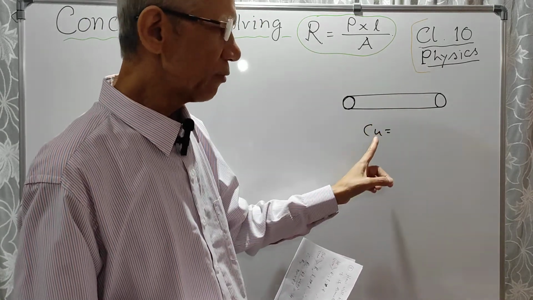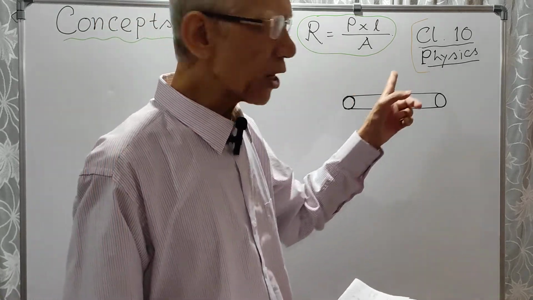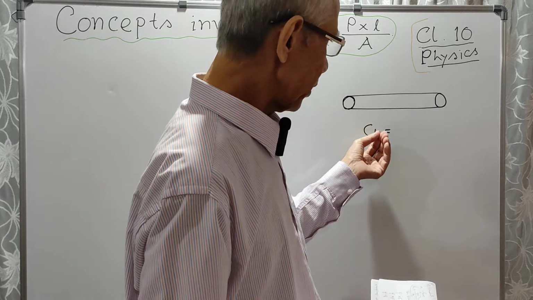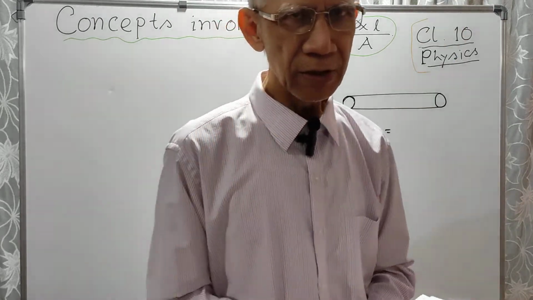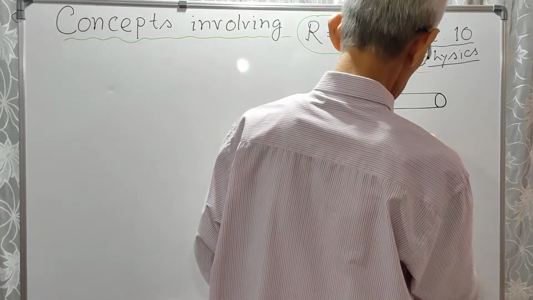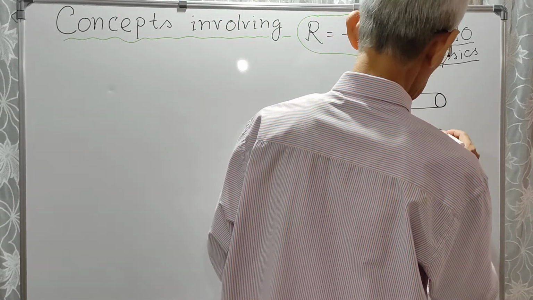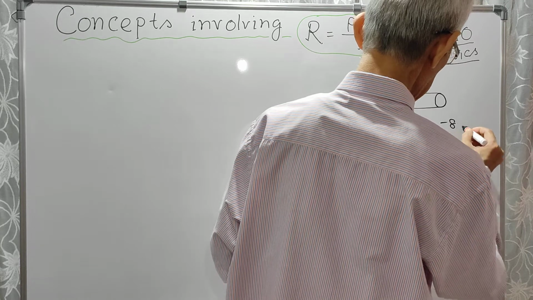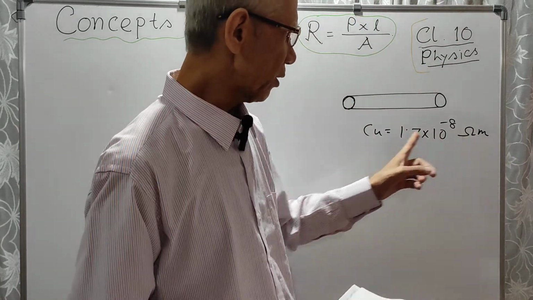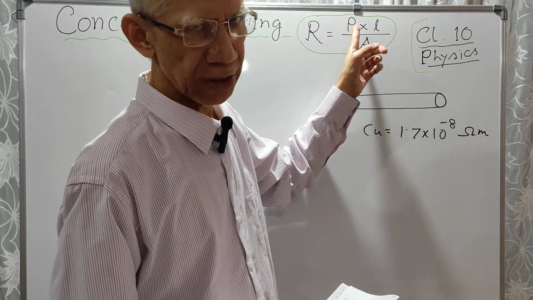Suppose this wire is made up of copper. Copper has a constant resistivity, and all these resistivity values are given in your textbook. Copper resistivity is 1.7 into 10 to the power minus 8 ohm meter. Ohm meter is the SI unit of resistivity or specific resistance.